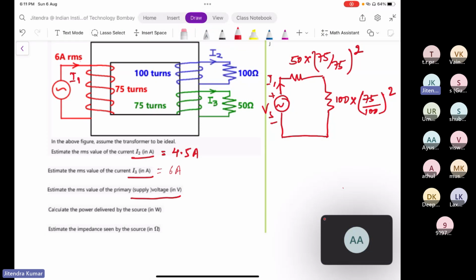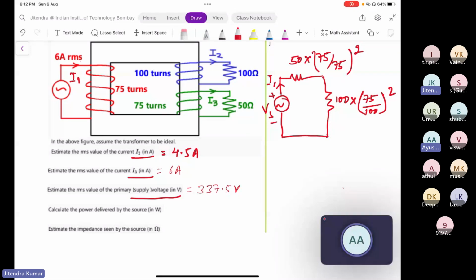That's great. We will find out. So V3 and I1, V2. Are you telling some value of voltage? Yes, sir. How much? 337.5 volt. 337.5 volt. Okay.